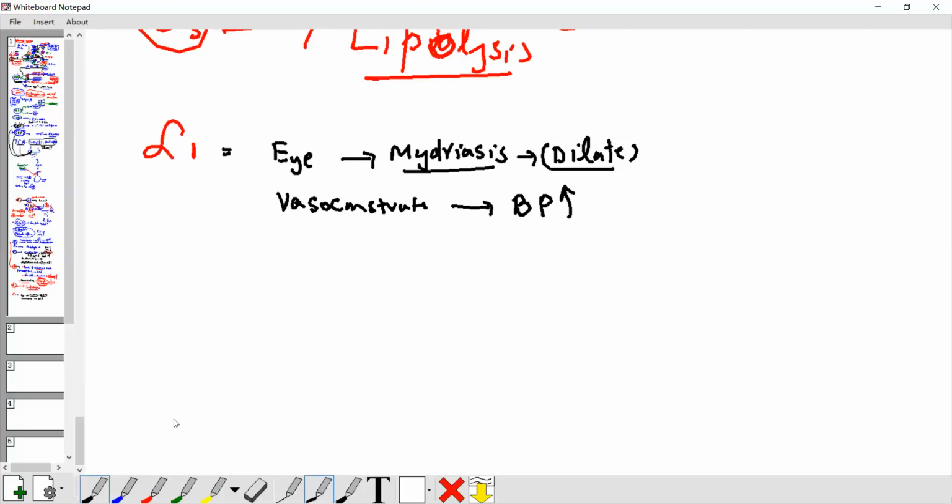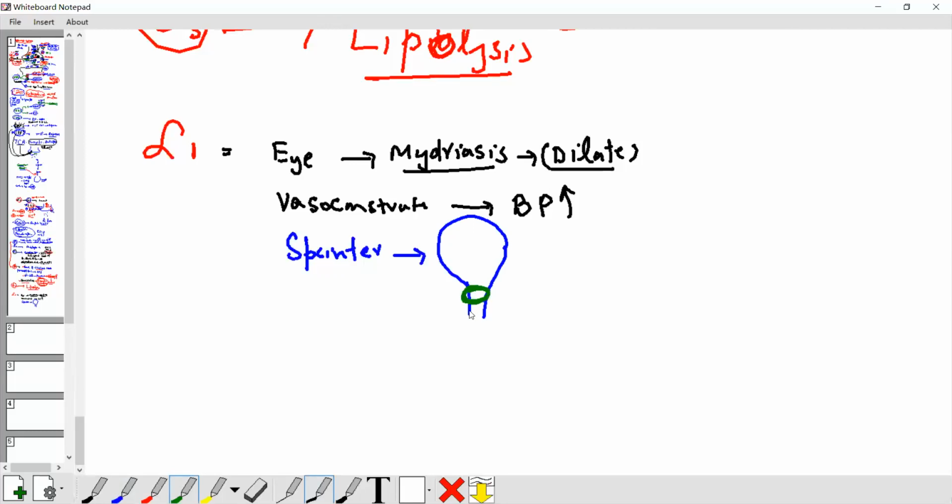Alpha 1 is present in another location, the sphincters. Which sphincters? Gastric sphincter, pyloric sphincter, anal sphincter, and urinary sphincter, at the bladder. So it's a sphincter alpha 1. If you stimulate alpha 1, the sphincter closes. The bladder has two sphincters, an internal and an external.